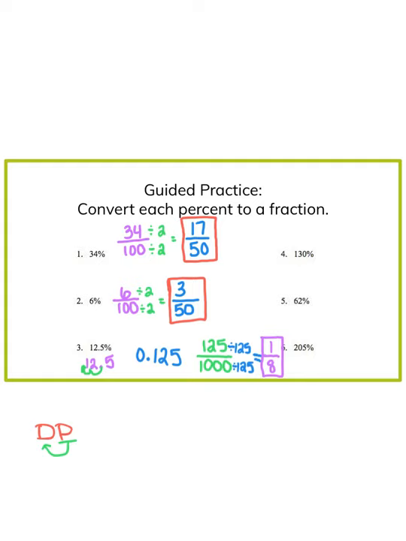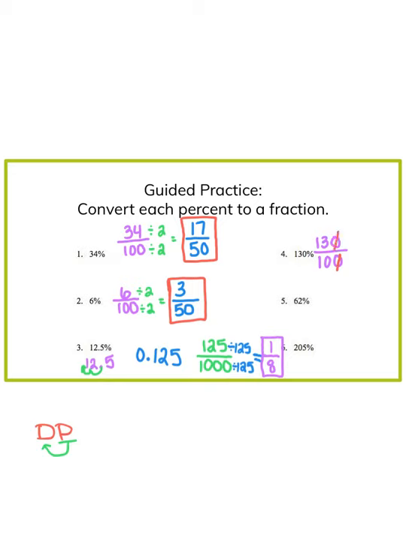Next, we're going to convert 130%. So I'm going to put 130 over 100. Here's a quick tip. If you are dividing two numbers and they both end in a 0, as long as we're fair to both sides, we can eliminate a 0 on both sides.